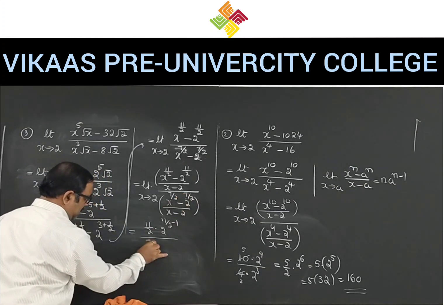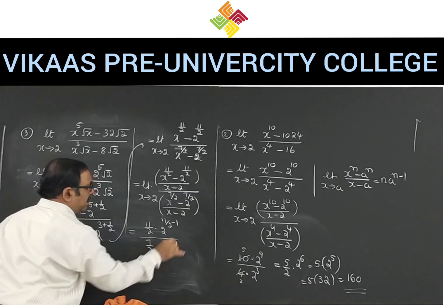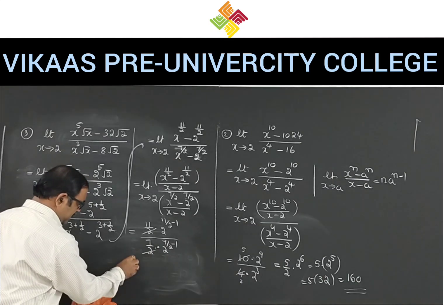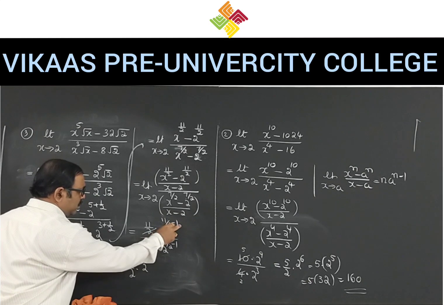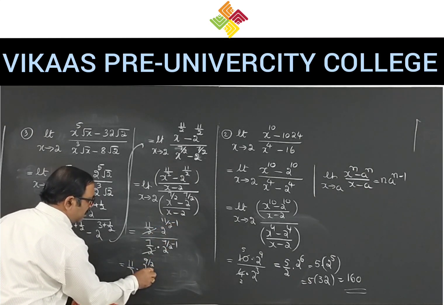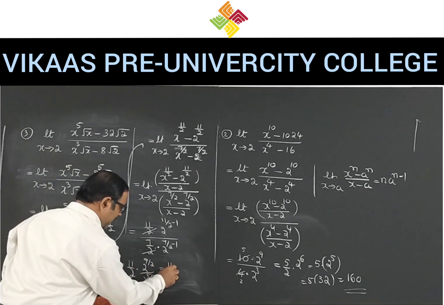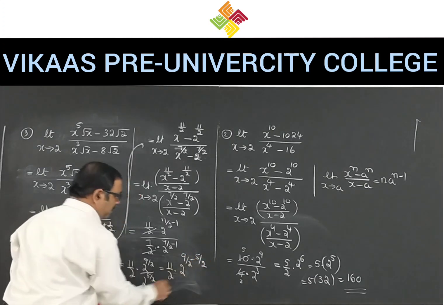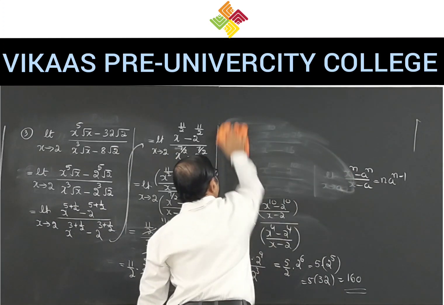So we get 11 by 2 into 2 power 9 by 2, divided by 7 by 2 into 2 power 5 by 2. See, the 2 cancels. Correct? Now that is nothing but 11 by 2 into 2 power 9 by 2 minus 5 by 2.